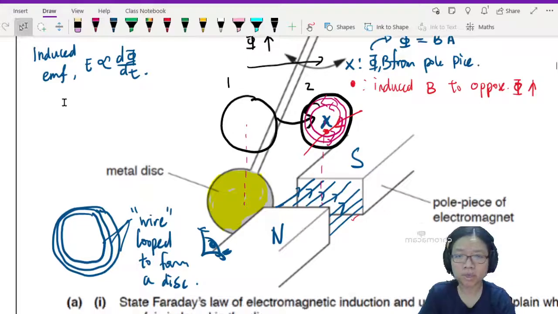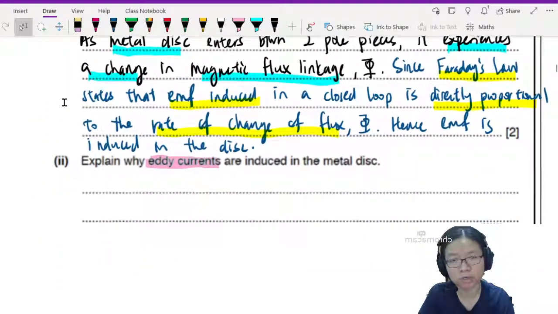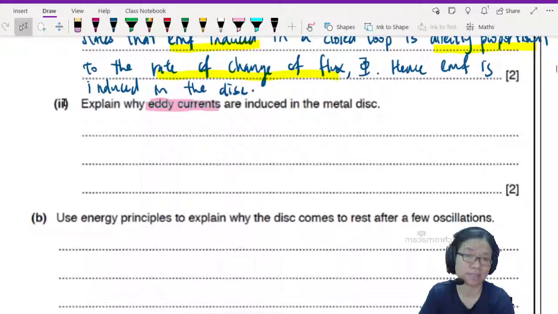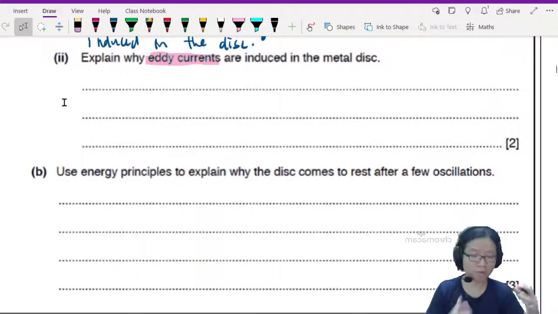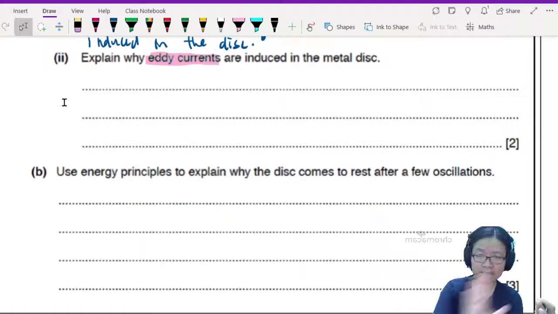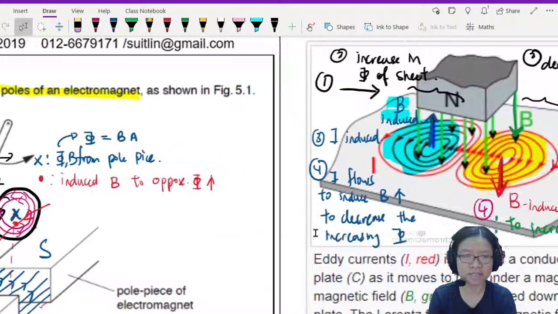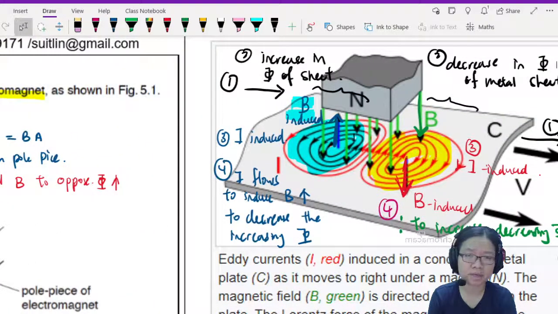But what causes this eddy current? It's not just a change in flux, it's also because of the shape of the metal disc. When you're talking about a metal disc, the motion of the oscillating disc has different speeds or different changes. So on one side it increases, on the other side it decreases, or let's say it looks something like this. Then what will happen is that you get this swirly current shape because it keeps changing.